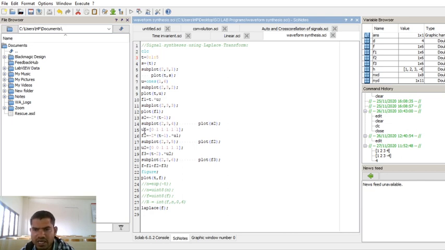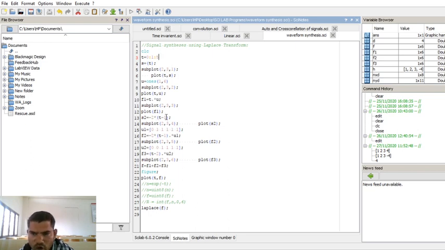Now I am taking one new signal, u1, that is 0 1 1 1 1 1. These are the discrete amplitude points of u1. Now I add one more new function, f2, that is equal to minus 2 into t minus 1 into u1.